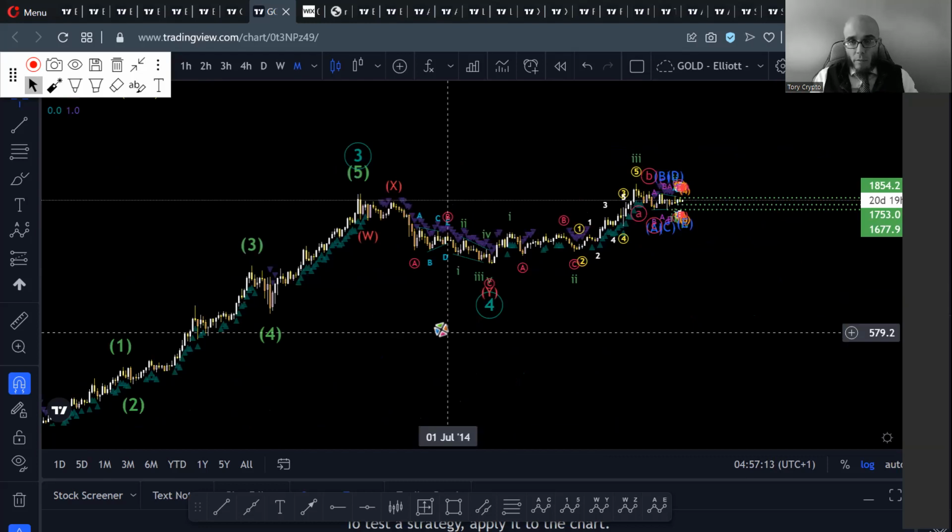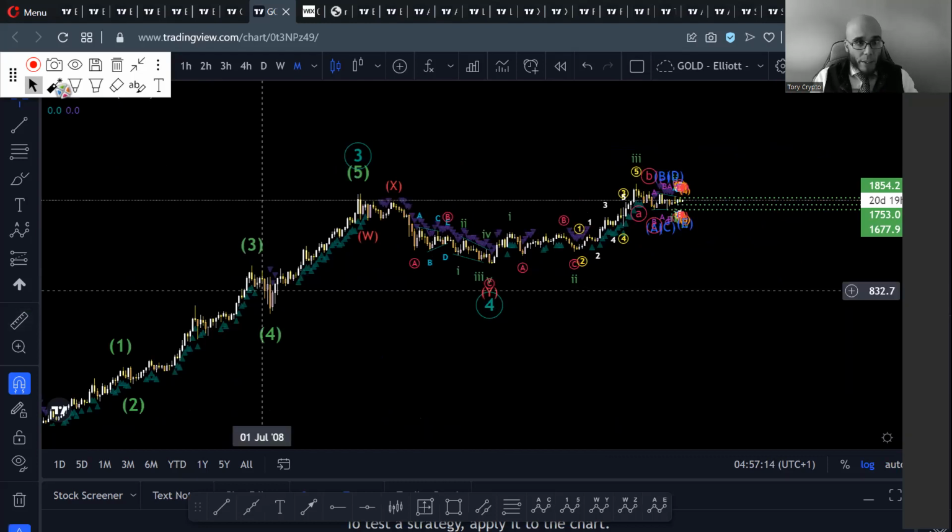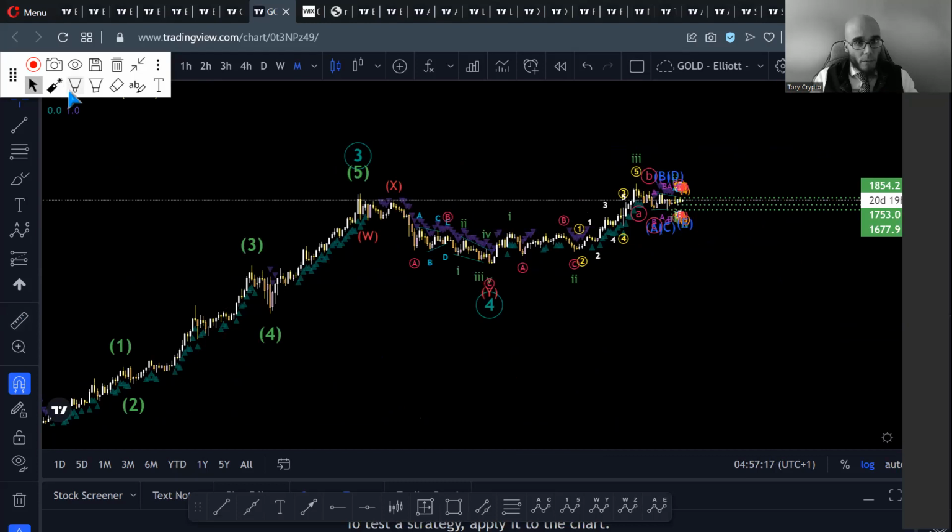So here the wave 4 correction, as I've labeled it right now, is much shorter. And that actually surprised me because I was expecting a longer correction. But as I've labeled it right now, we have a wave 3 top up here and a wave 4 correction down here. And then we started an impulse wave up.